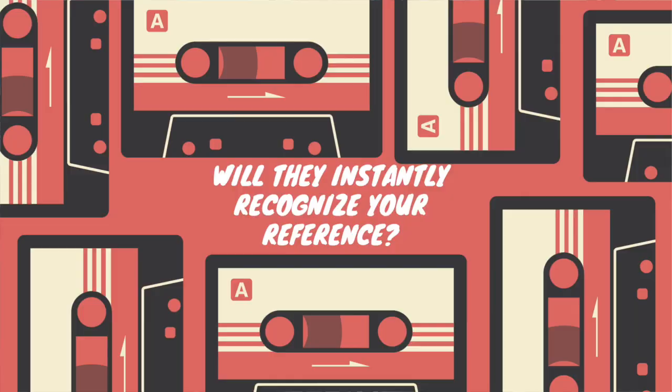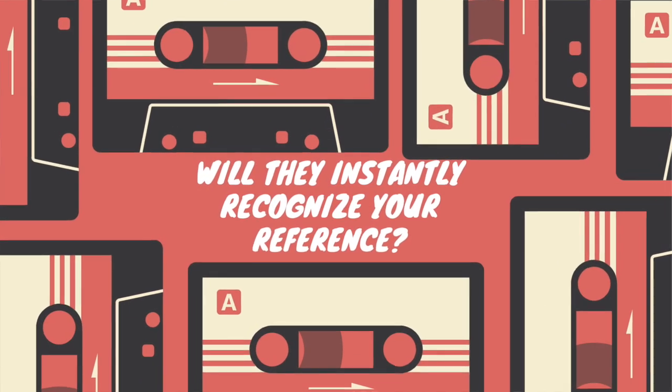Consideration number 2, will your readers instantly recognize this? So this is taking number 1, which is will they understand the reference, a step further. For example, if you mention Star Wars in your story, that's a pretty safe pop culture reference. They're going to understand that it's some sort of geeky, nerdy reference in some shape or form, as well as obviously a pop culture phenomenon, depending on how you want to use it.